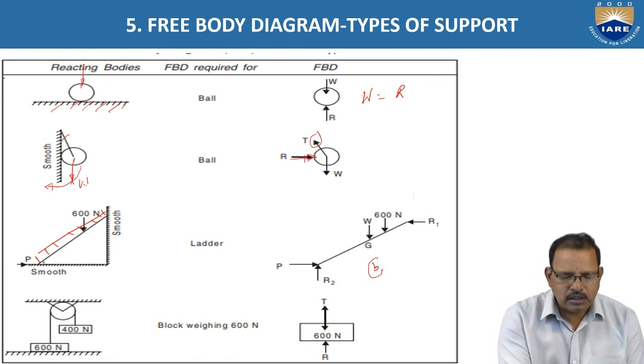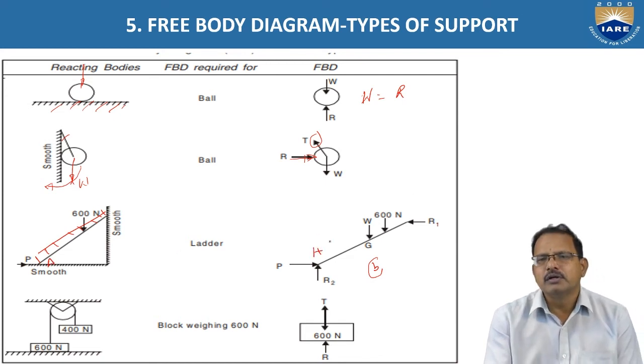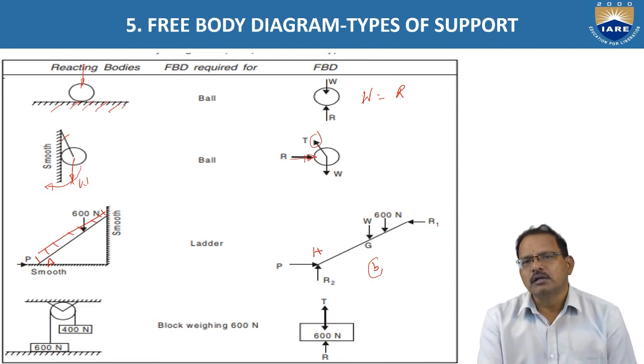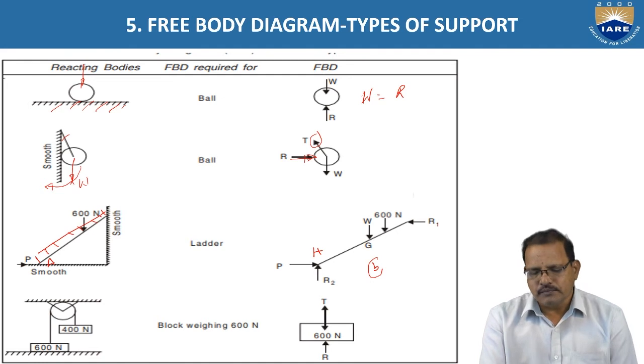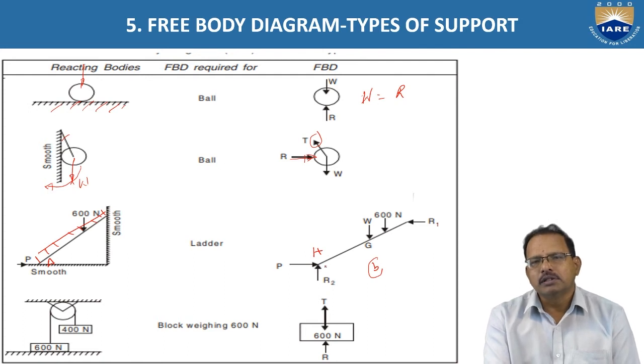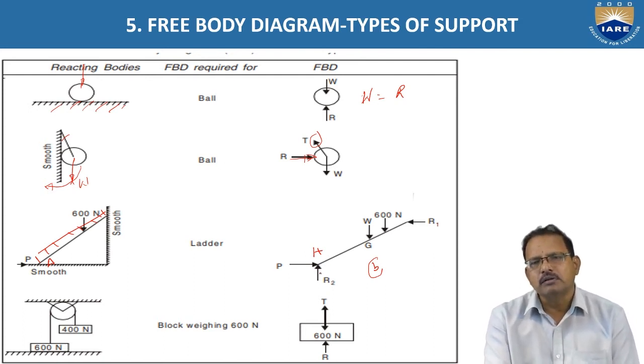Let A be the position here. At position A, the force P is acting to prevent its motion toward the left side. So P is there, already acting externally. The weight of 600 newtons as well as the weight of the ladder are acting in the downward direction.